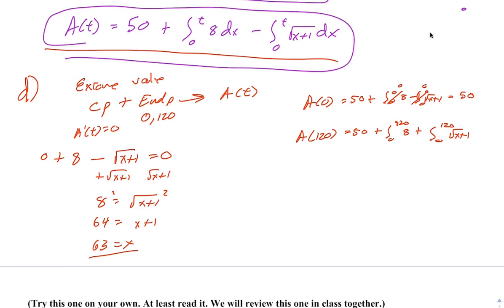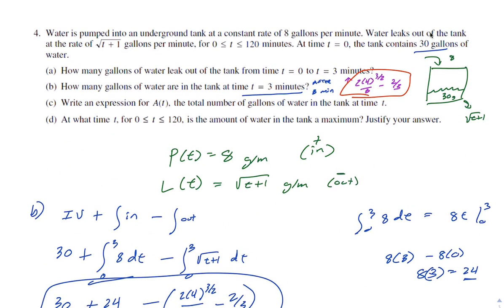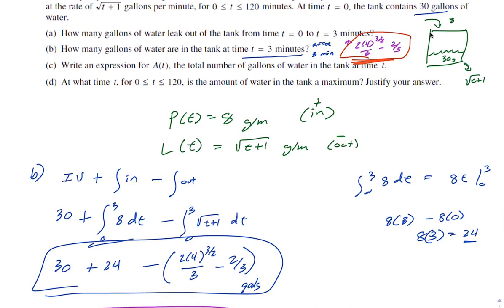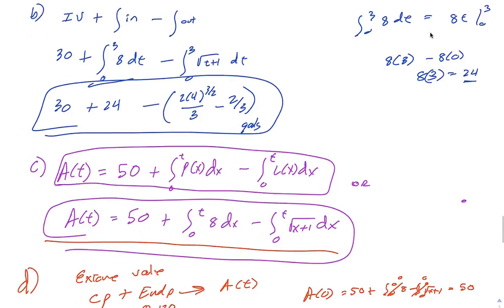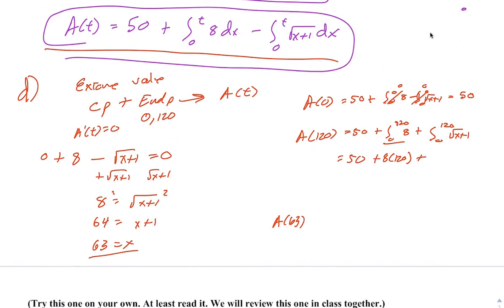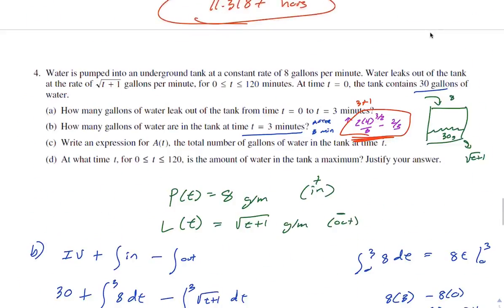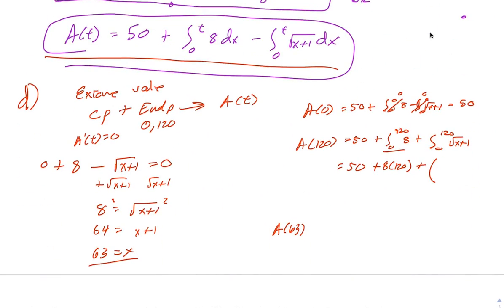Let's erase this and give myself some space. We'll do 63 down here. So this is 50 plus 8 times 120. This is essentially the same formula as before, but instead of 3 plus 1, it'll be 120 plus 1. So that would be 2/3 of 121 to the 3/2, minus 2/3.